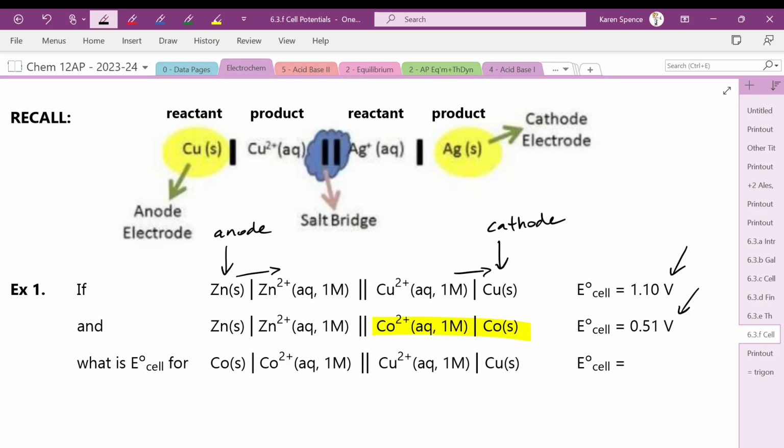Initial cell voltage is E naught cell. That is standard conditions, because what will happen is over time, your reactants will get used up, and so the molarity will no longer be 1 molar. Yeah? Yeah.